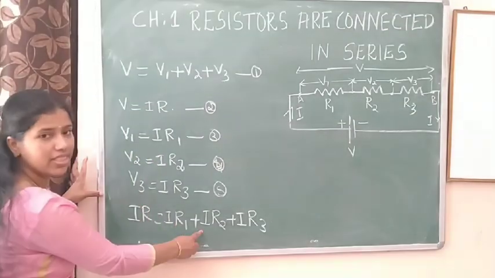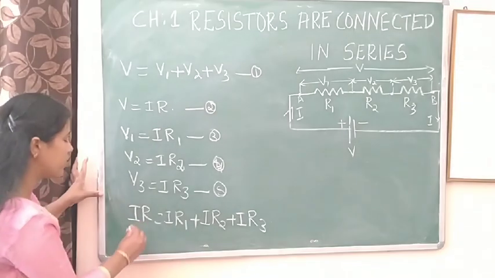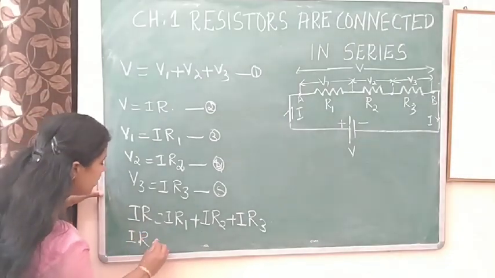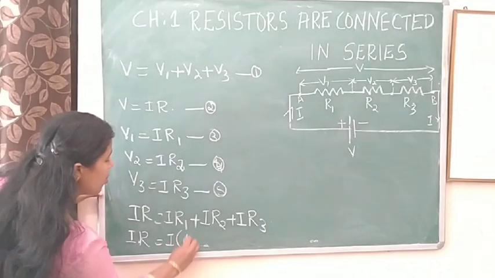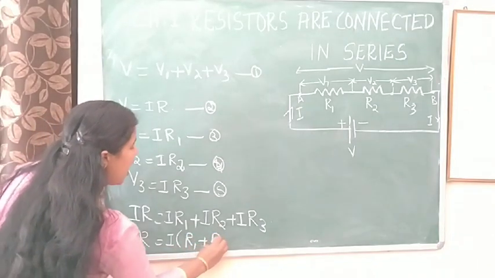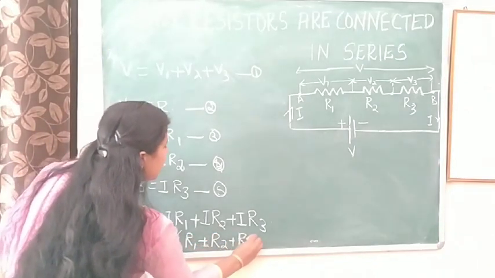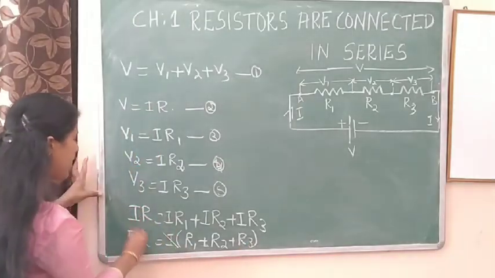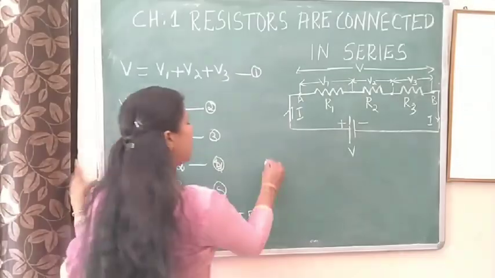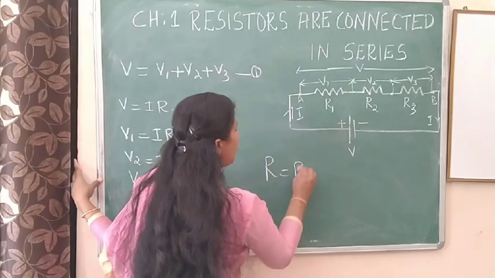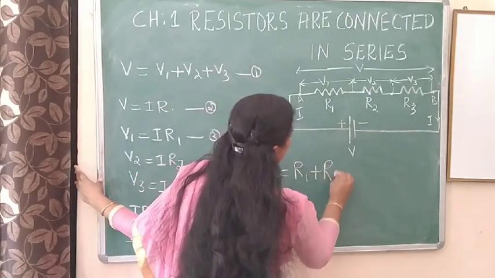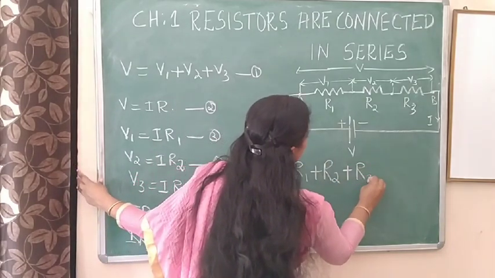I is the common term, we can take it outside. Then IR is equal to I into R1 plus R2 plus R3. I is cancelled, then we get R is equal to R1 plus R2 plus R3.